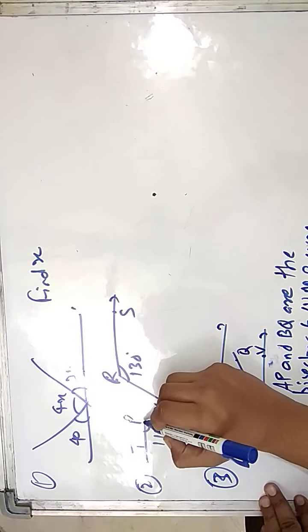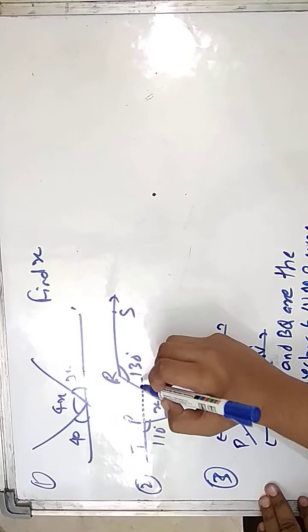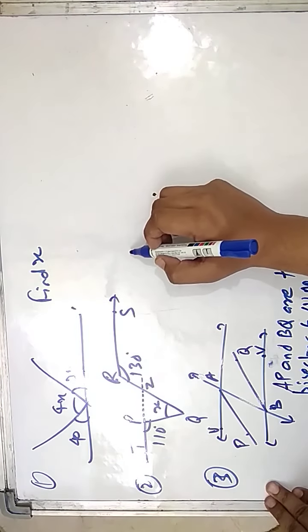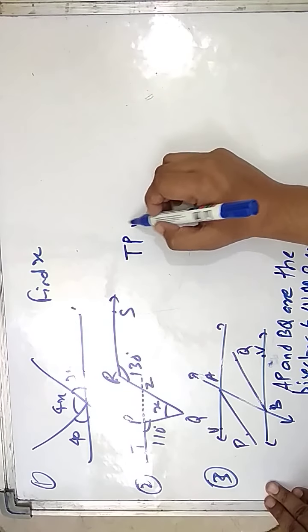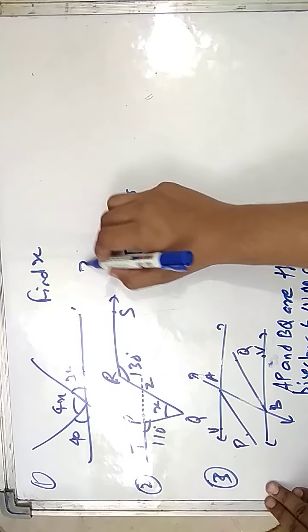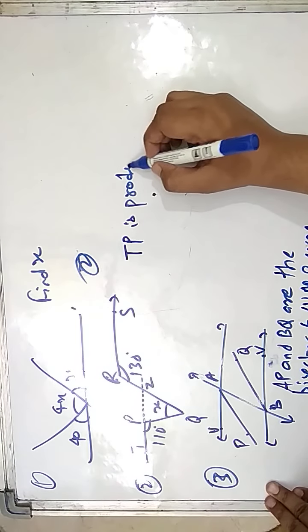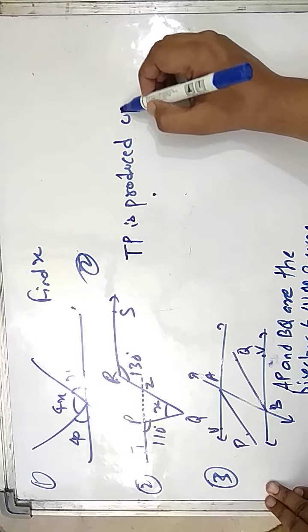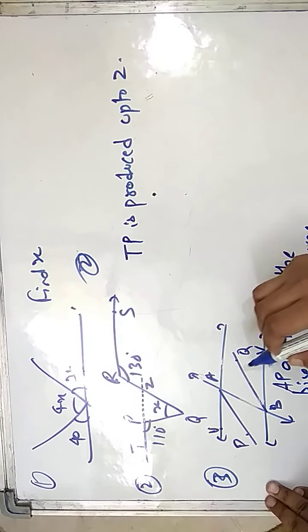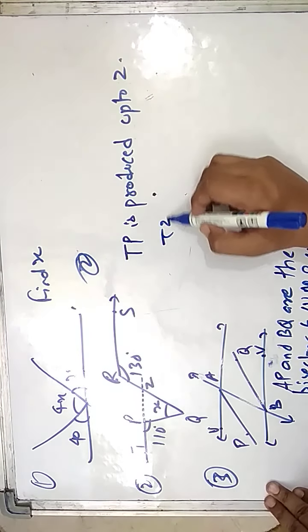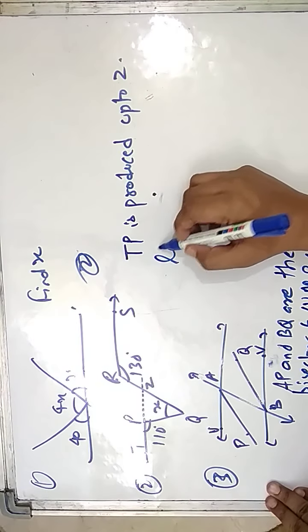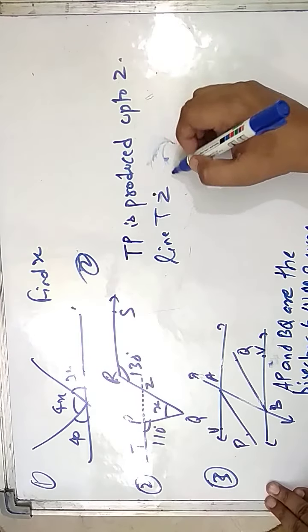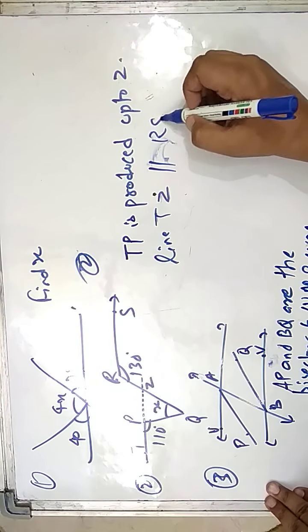So if this line is extended up to point Z, so line TP is produced up to Z. Okay, and line TZ is parallel to line RS.